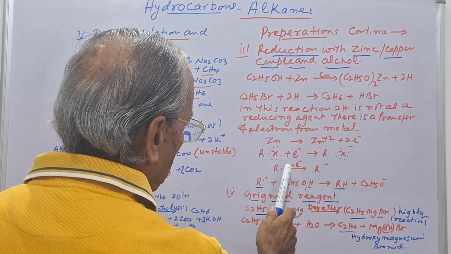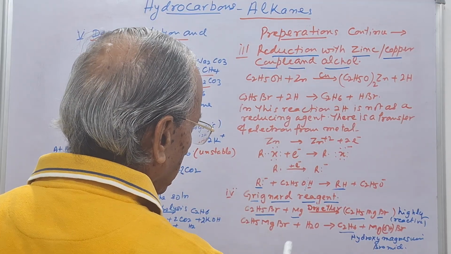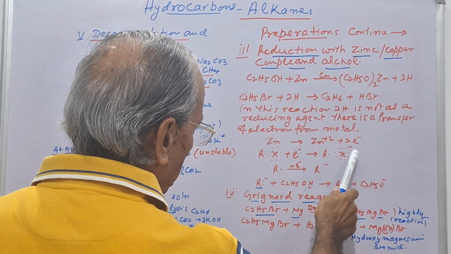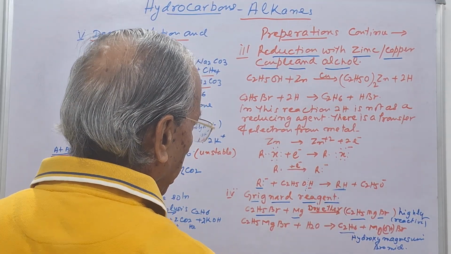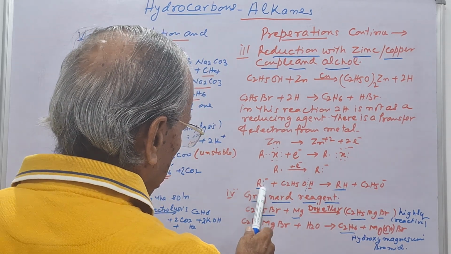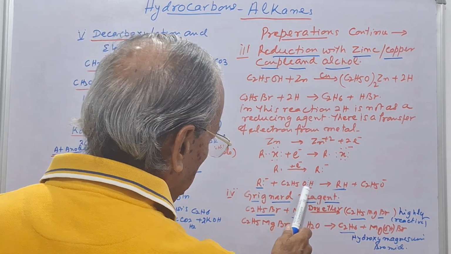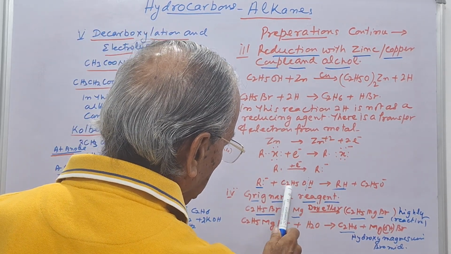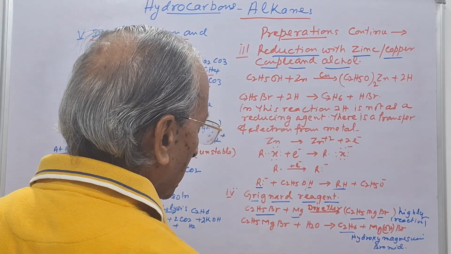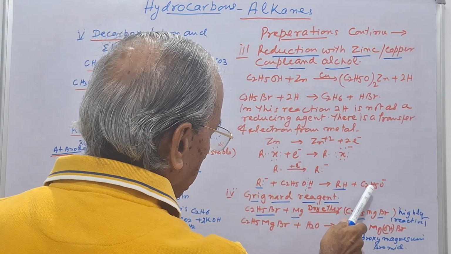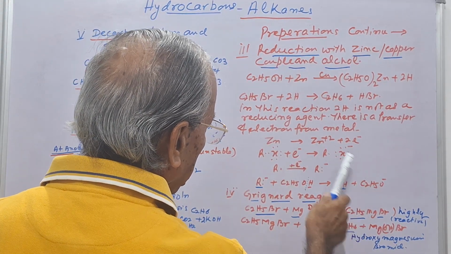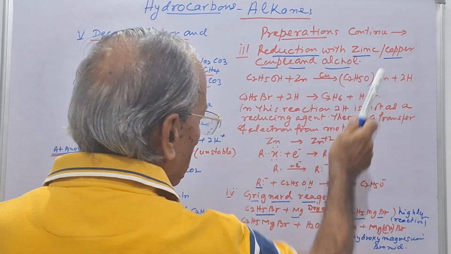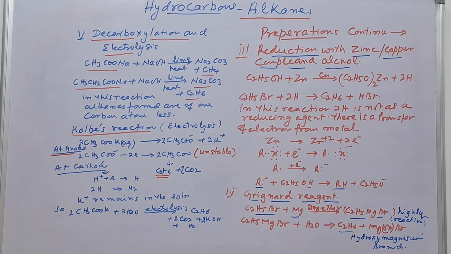These 2 electrons are taken up by the halide, which breaks into the halide and the alkyl. This alkyl takes the electron and then breaks the alcohol into ethoxide and hydrogen and forms the alkane and the ethoxide. This ethoxide then reacts with zinc to form zinc ethoxide.